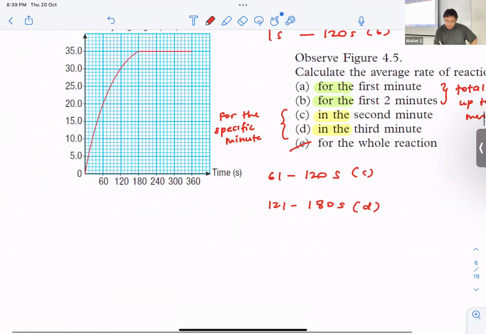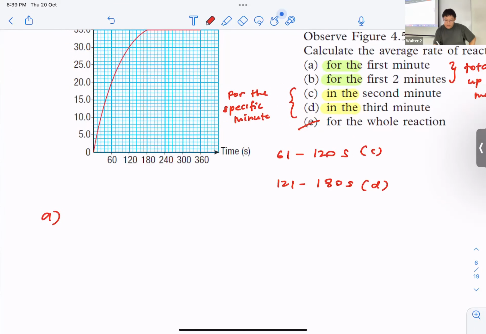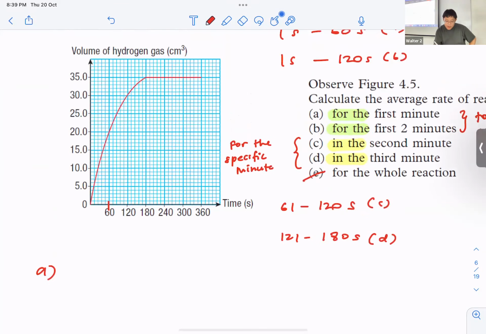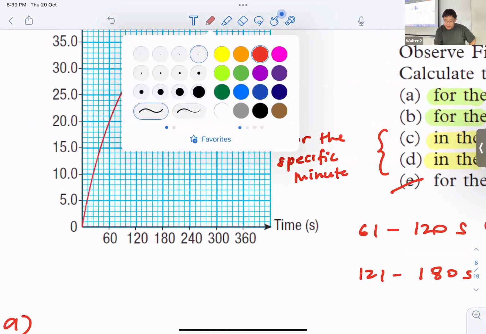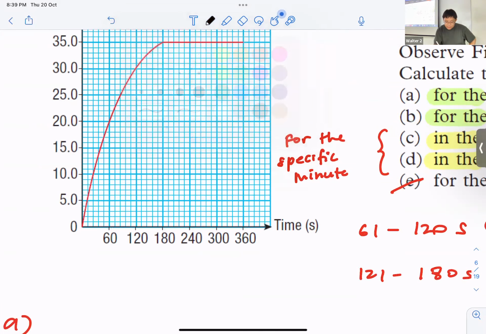So A, for the first minute, it will be 60 seconds. Mark at that point where you get 60 seconds. At the 60th second, I'm going to use a different color because it's going to be a red line, so it's hard for you to see. For 60 seconds, it will be here at 20 cm3.